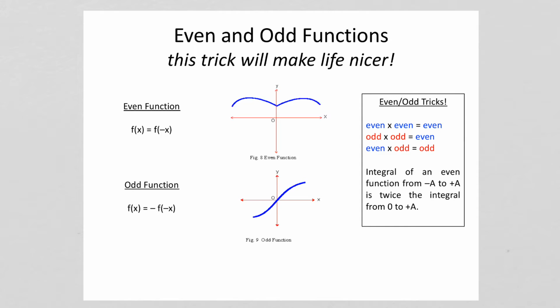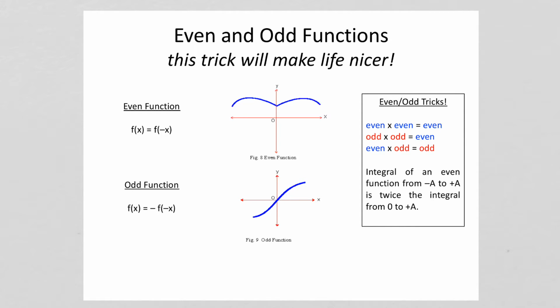Okay, so the hallmark of an even function is that it's essentially symmetrical about your center value. So when we're integrating an even function, we can say that the integral from 0 to whatever our bound is on the positive side of x is going to be the same as the integral from 0 to the negative bound of our x.